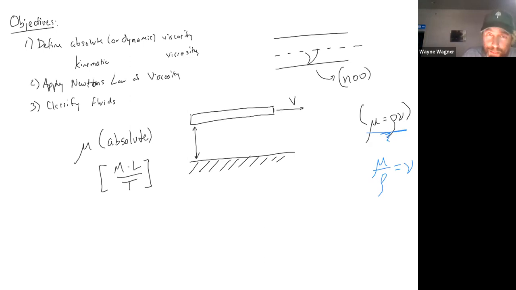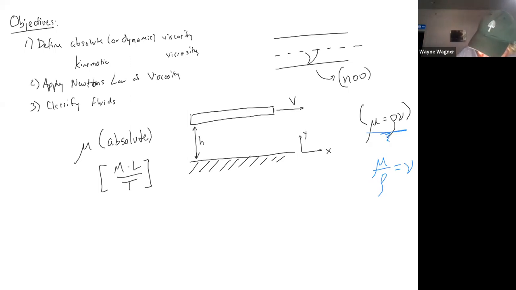The velocity profile is basically a picture of the velocity between the two plates. So if I say this is my X direction, this is my Y direction, then let's give this a variable. Let's say they're H across.